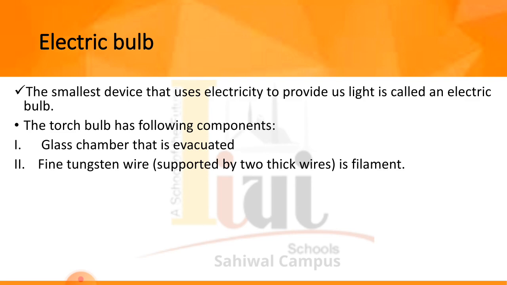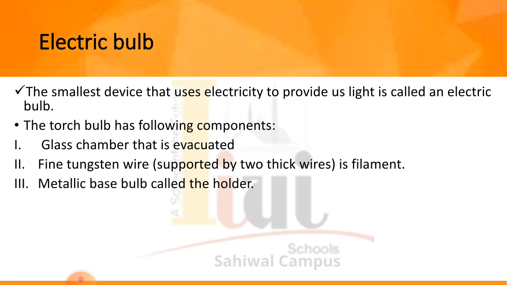It is the filament in the bulb which glows when there is a flow of current through it and it gives off light. So when there is a flow of electricity in the circuit, this thin tungsten wire filament will glow and give us light.